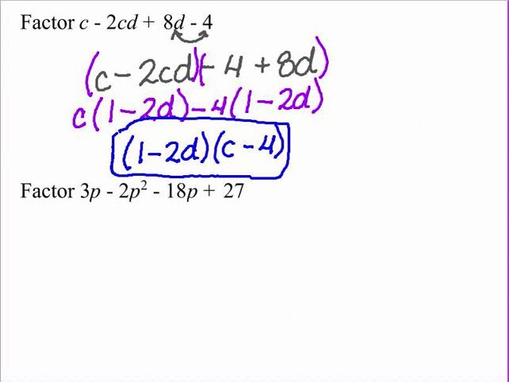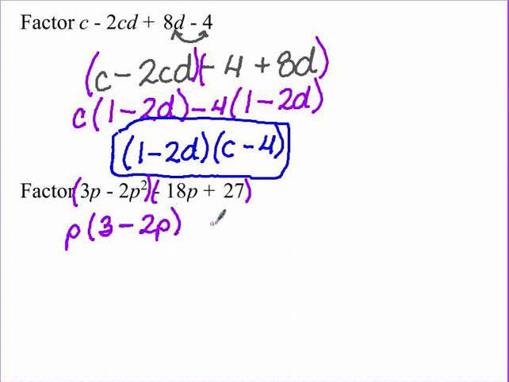Okay. So the bottom example, 3p minus 2p squared minus 18p plus 27. If you group them, you can take out a p, and I get 3 minus 2p.